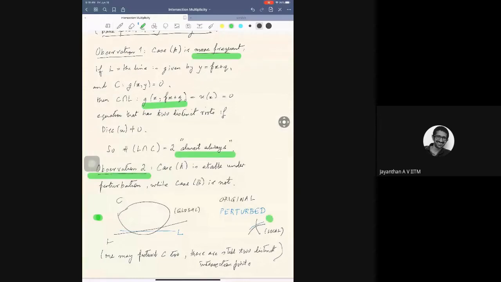If you have two smooth things meeting transversely, with different tangent directions, and you perturb one of them, they are still going to meet transversely in a point which was close to the original point of intersection. Okay, so there is no more to be said about that, except that you don't have to perturb only the second one. You could perturb both of them or one of them at a time. The answers are unchanged.